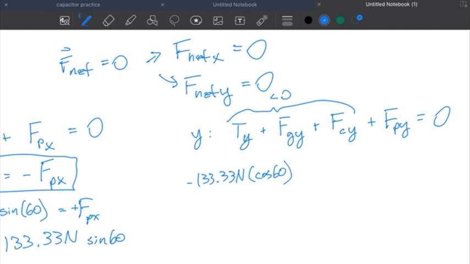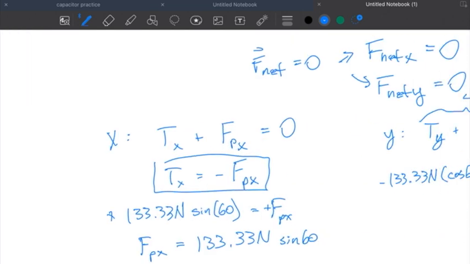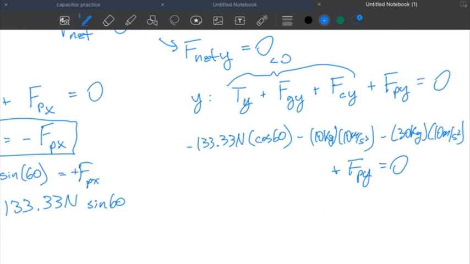Then force of gravity in the y direction, also negative, and the mass of the plank was 10 kilograms. So here we just have 10 kilograms times 10 meters per second squared. Then we have the child's force. Child was 30 kilograms times 10 meters per second squared. I'm running out of room here, plus FPY, the pivot force in the y direction.